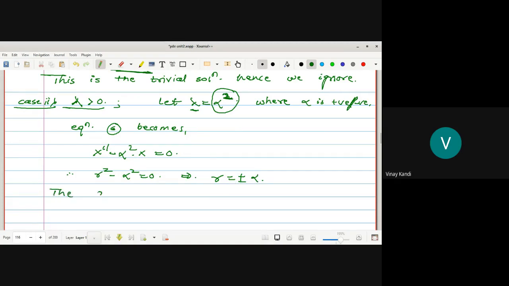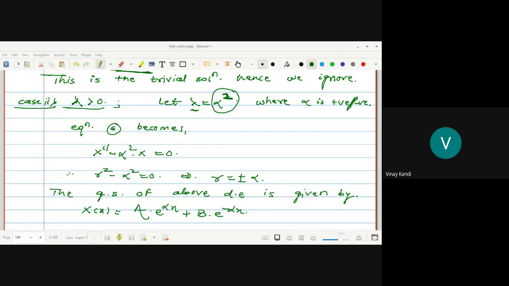Okay, therefore the general solution of the above differential equation is given by X of x is equal to A into e raised to alpha x plus B into e raised to minus alpha x.